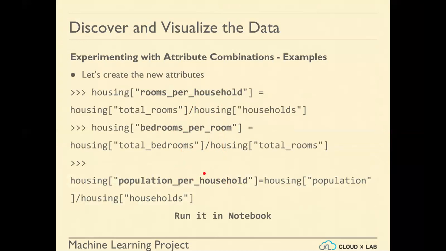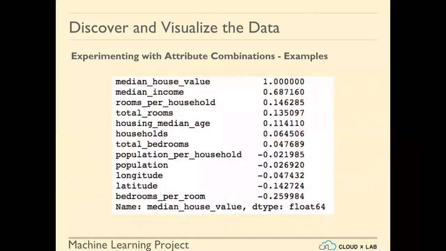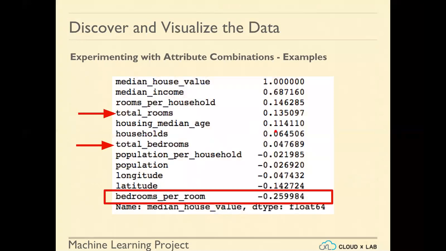This is an optional step in a real project because you will never know on what basis to create these. We generally leave this to the algorithm. It is just an extra optimization step. After attribute combination, rooms per household is actually the second highest of all.